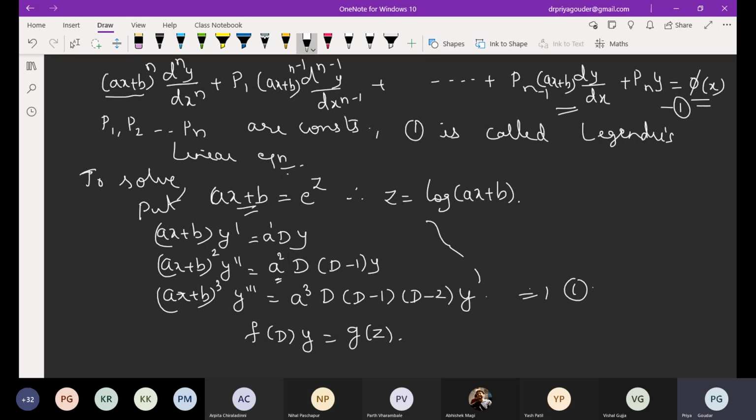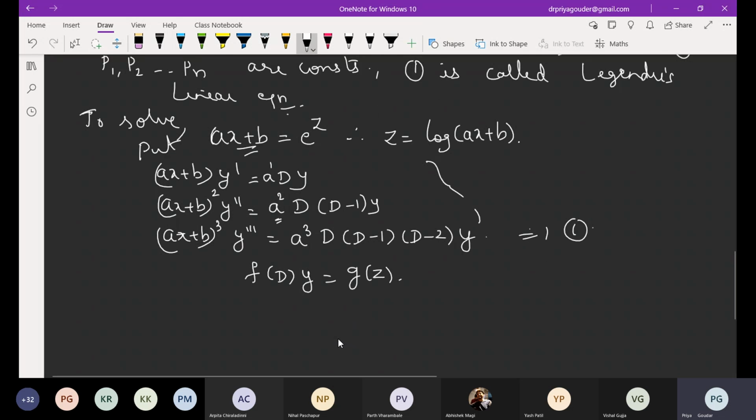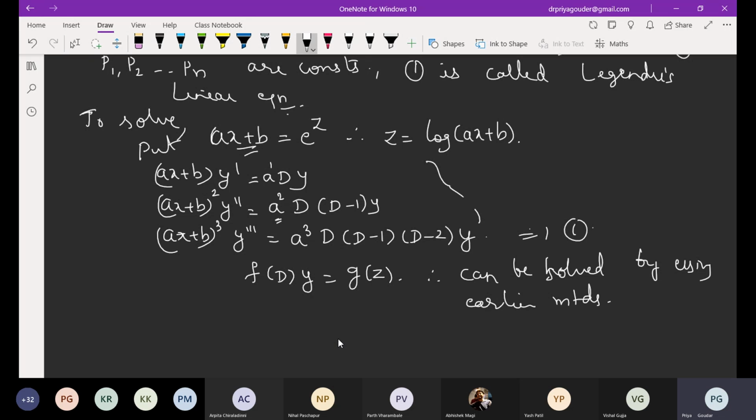Constant, right? A is a constant. So obviously these coefficients are constant, and this side it is variable. So we converted variable coefficients into constants, and we know how to solve this type of example. Therefore, it can be solved by using earlier methods. Hope the part is clear?